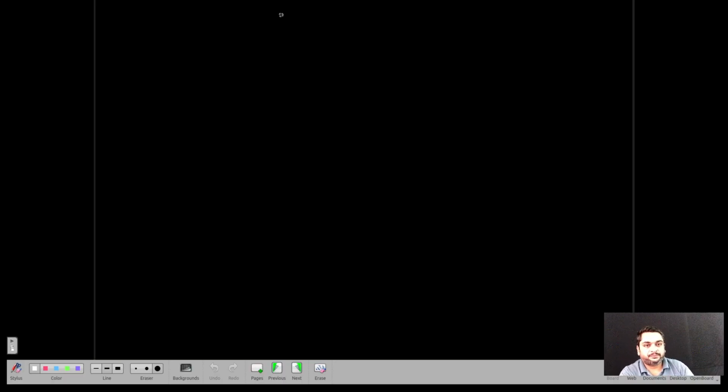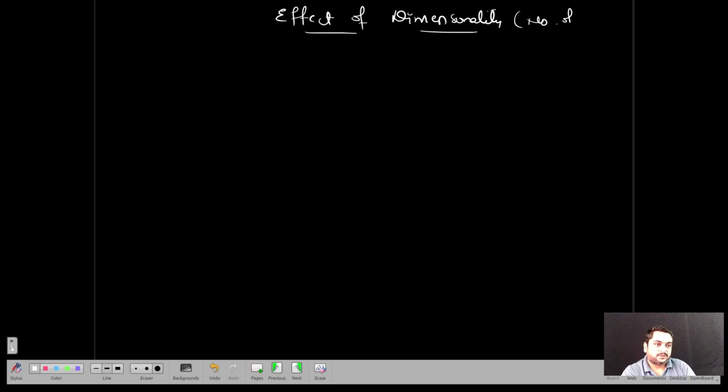The next is the effect of dimensionality. Dimensionality here means the number of features in your data. For example, if you want to predict whether a student will pass or fail based on the number of hours he studies per week and the attendance percentage, there are two features now.